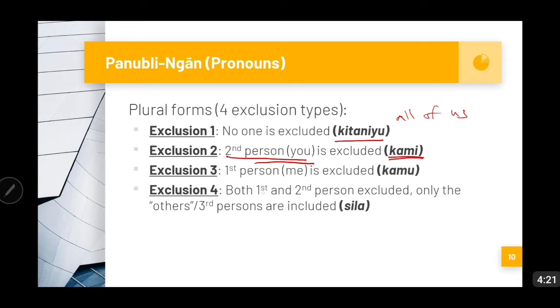The third exclusion, this time the first person, me, is excluded. An example is the pronoun kamu. And then the fourth exclusion is wherein both the first and the second person are excluded, and only the third person or the others are included in the statement. As an example here we have the pronoun sila.